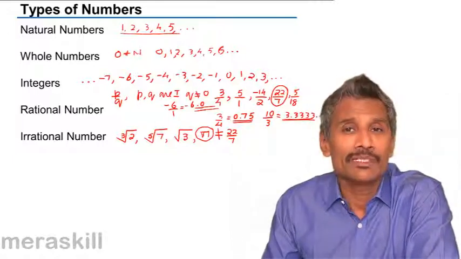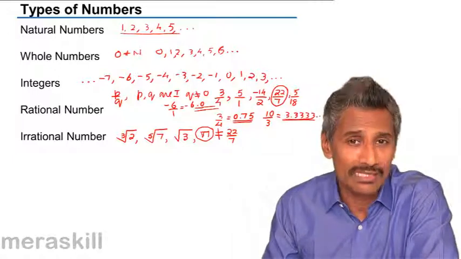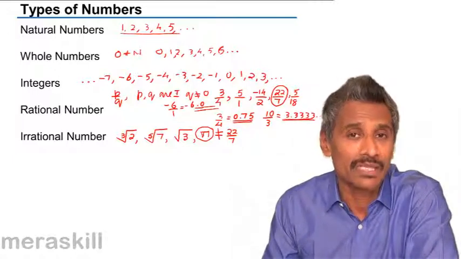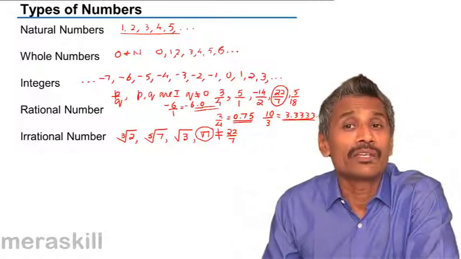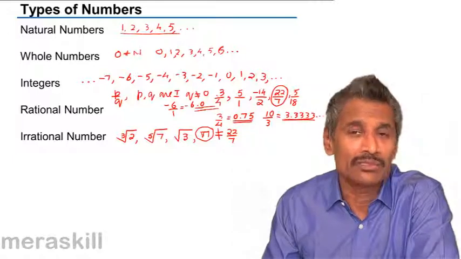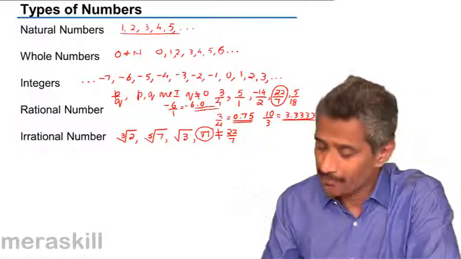All these will form the set of rational numbers, and rational numbers, if you convert them to the decimal form, will either terminate, that is, you'll get the remainder as 0 sometime, or the remainder would recur at regular intervals. So the decimal representation is either terminating or recurring.